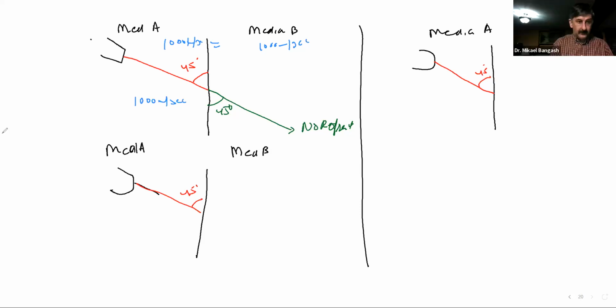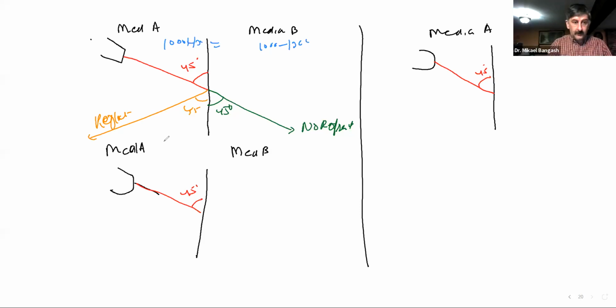But although having different or same speeds, we can still have different impedances, which is still called a reflection, where this angle will also be 45 degrees.